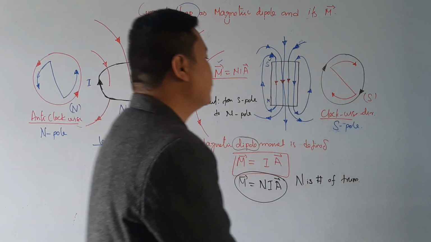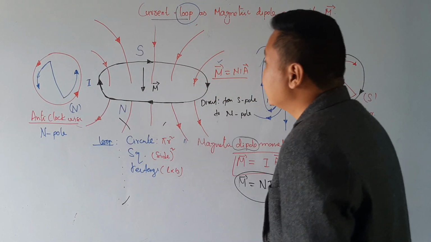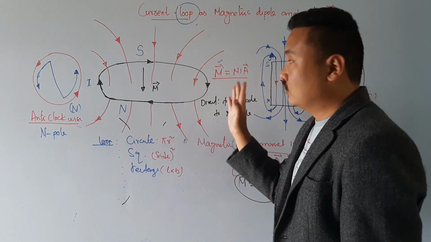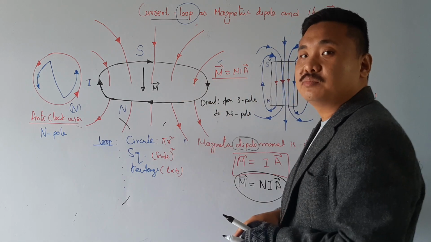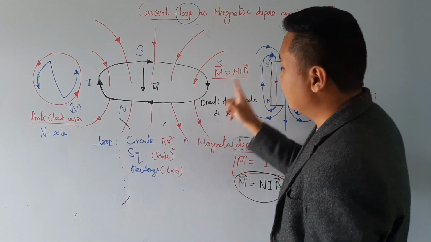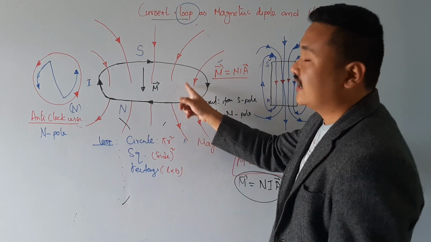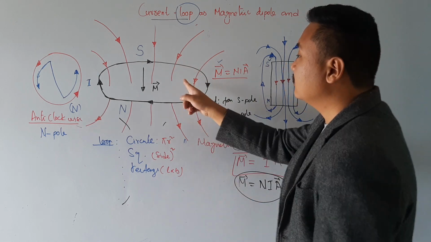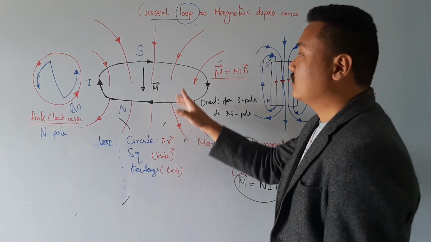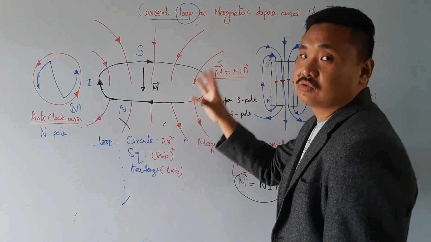So this should be a loop. It is not necessary that it has to be a circular loop. It could be a rectangular loop, it could be a square loop, etc. And area is the area of that particular loop. Here the area will be pi r square, because I have considered a circular loop.